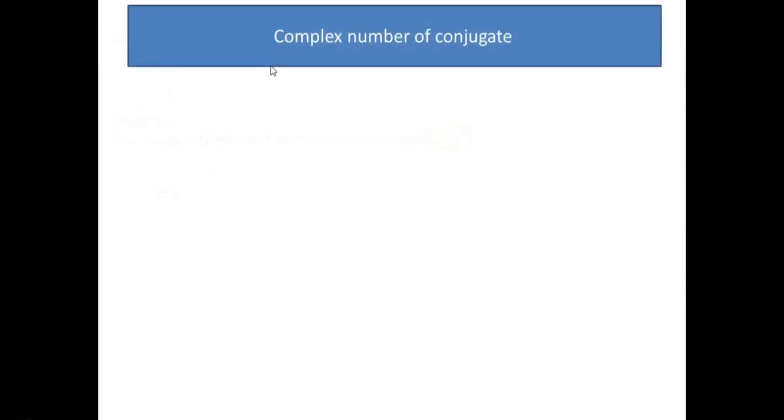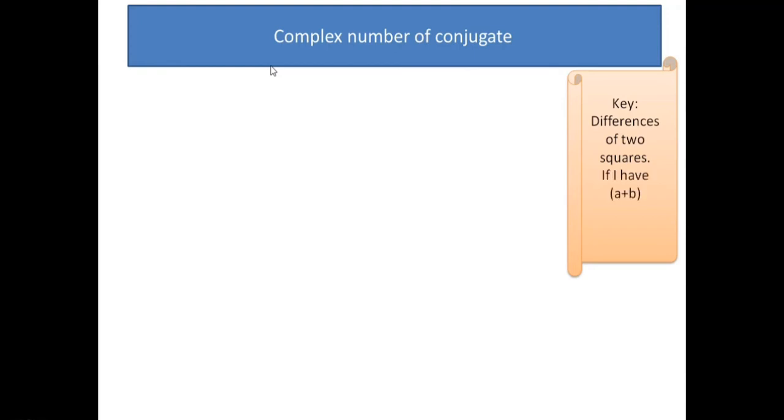Now let's take complex number conjugates. What is a conjugate? A key here is the difference of two squares. Think of the difference of two squares every time you see the word conjugate. Now, if I have a plus b, what do I need to multiply a plus b by to get a difference of two squares, which will be in this case a squared minus b squared?